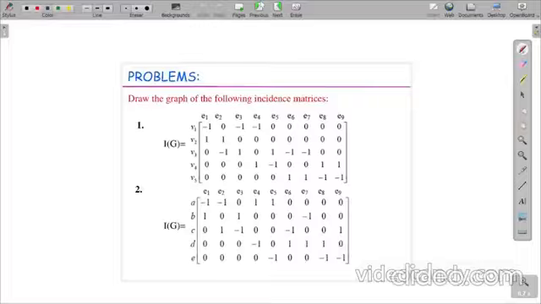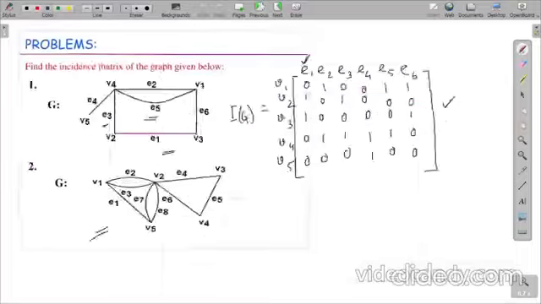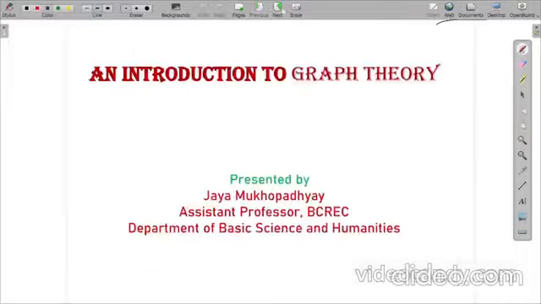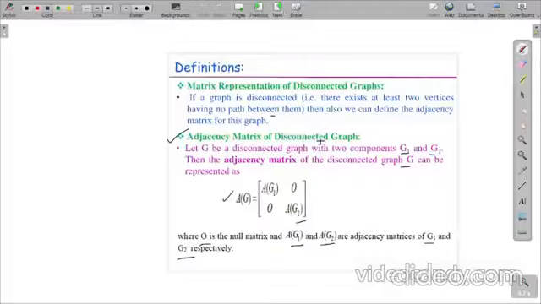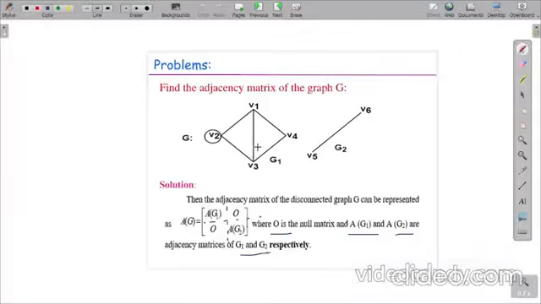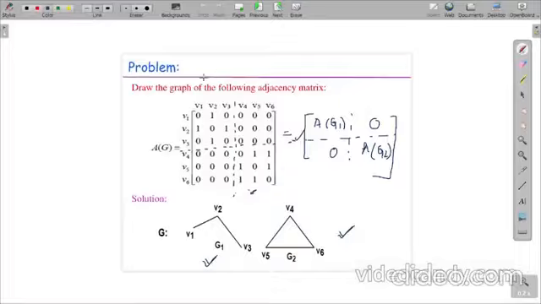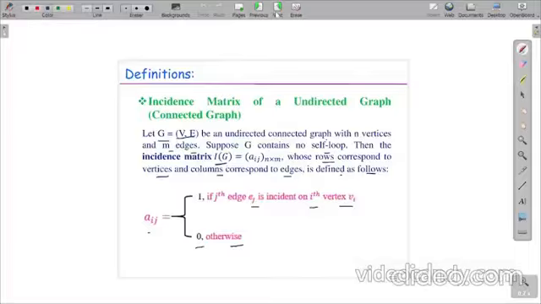Again, we recall what we did in this class. We started with the adjacency matrix for a disconnected graph. This is the definition. Then we discussed examples. We wrote the matrix from the disconnected graph given below. Next, a matrix is given and we draw the disconnected graph.